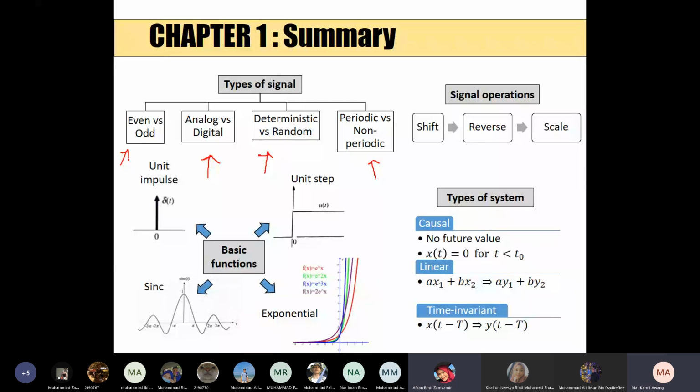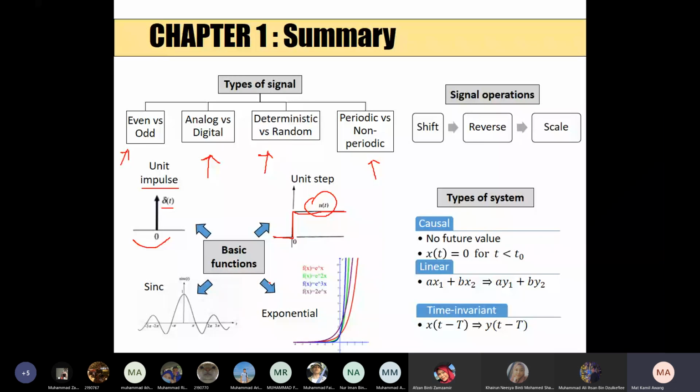For basic functions, we have the unit impulse, which is represented by delta. Then we have the step function, which is represented by u of t.